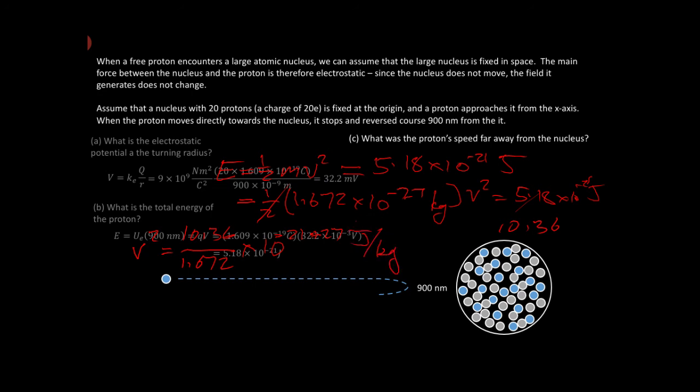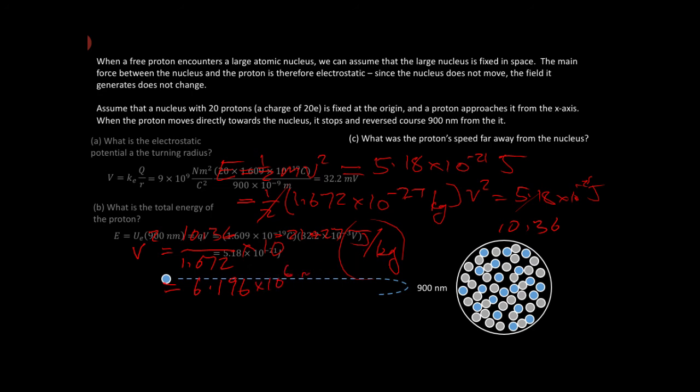That actually looks pretty familiar. So that ends up with 6.196, and 27 minus 21 is 10 to the 6th.